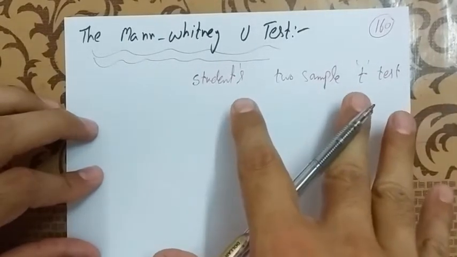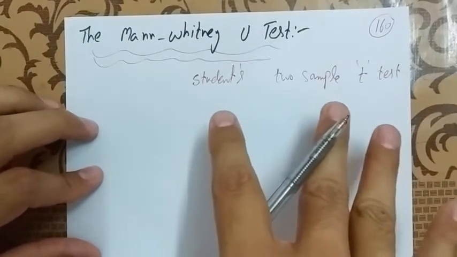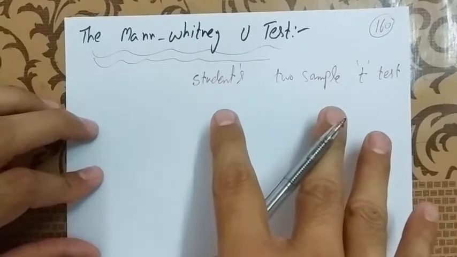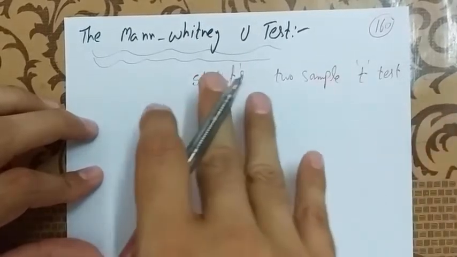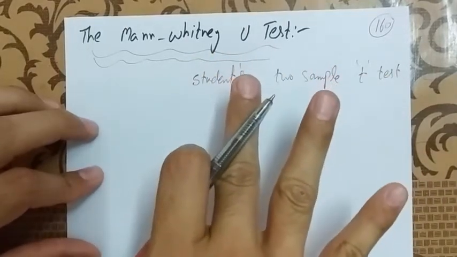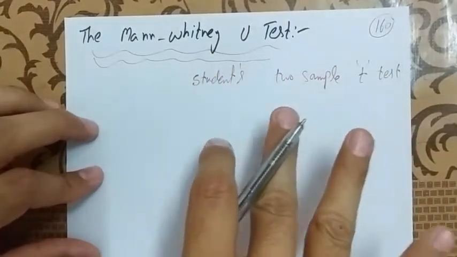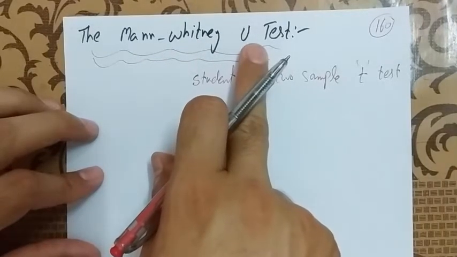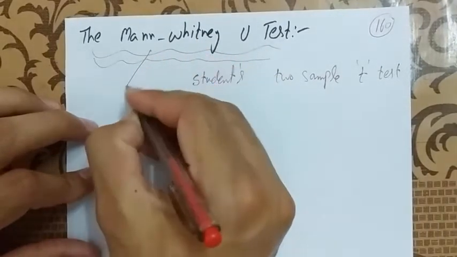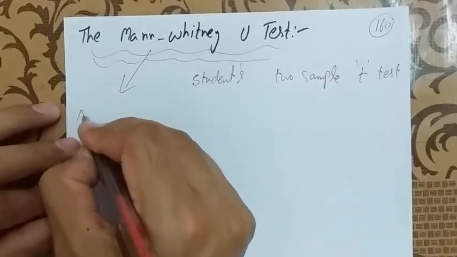And students, you have an alternative option: you can use the 2 sample t test or the Mann-Whitney U test. It's your choice. But the Mann-Whitney U test is a non-parametric test.